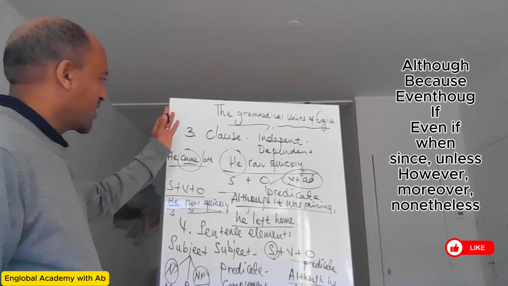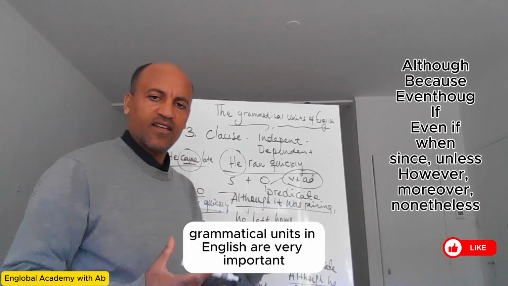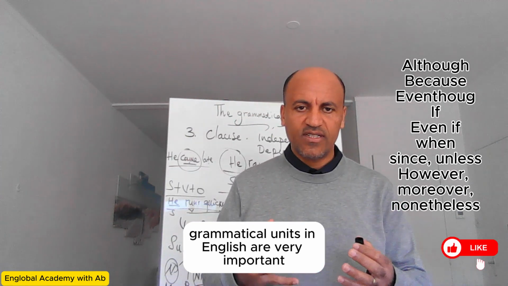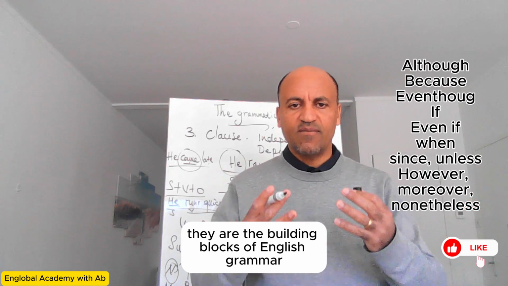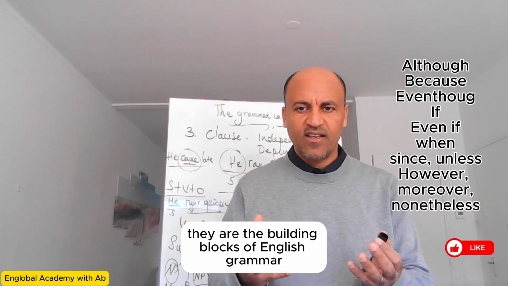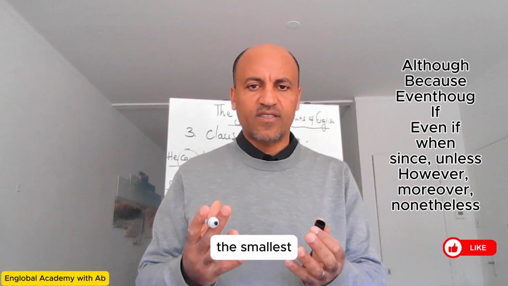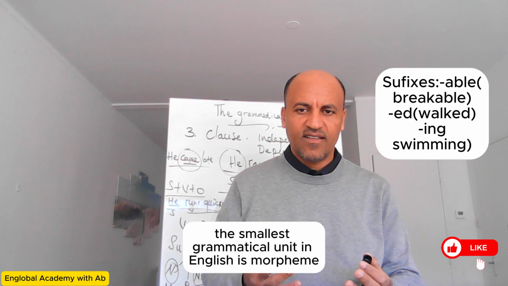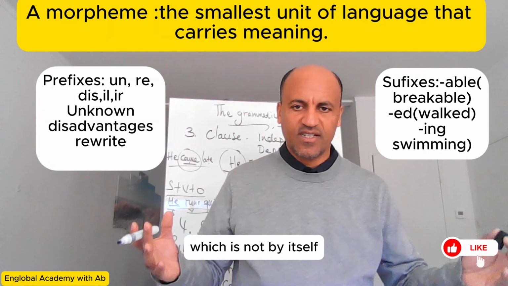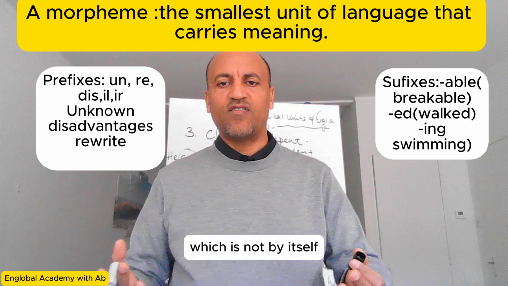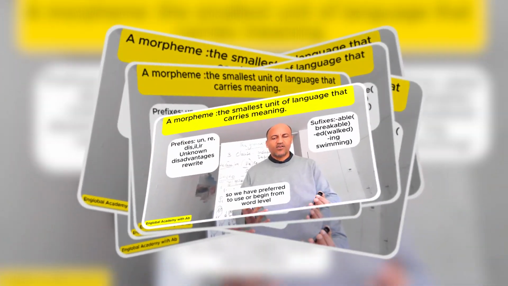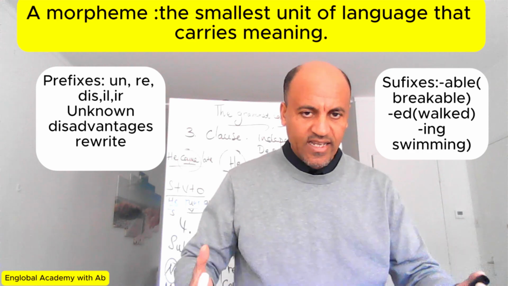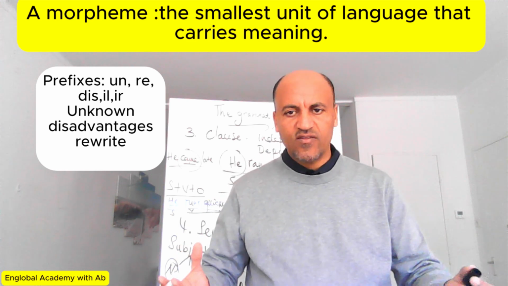So, in conclusion, grammatical units in English are very important. They are the building blocks of English grammar. The smallest grammatical unit in English is the morpheme, which is not by itself independent and complete. So we have preferred to begin from the word level.